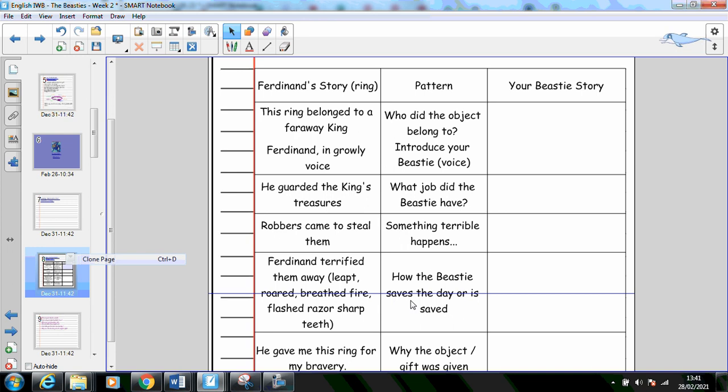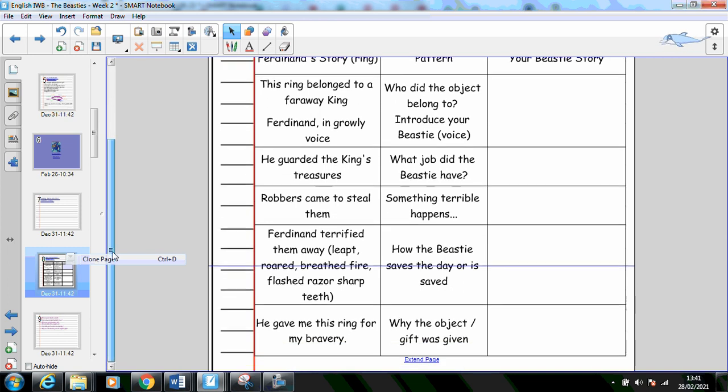That part of the pattern is how the beastie saves the day, or is saved in some of the stories. So here we've got a character description of your beastie's best qualities. And then at the end, Ferdinand was given the ring for his bravery. So we need to know why the object or the gift was given.